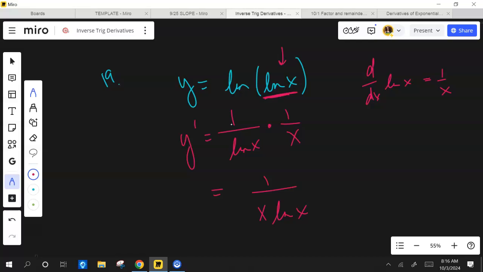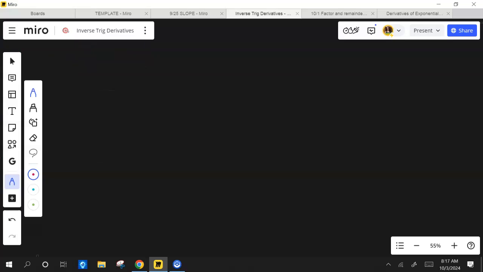Would y'all focus? Yes, 25. And 21. 21, y equals log base 4 of x squared. So now I'm going back to this sheet, right? And I'm looking at the one that is very bottom right. Log base a of x. A is your little base number, x is your argument.